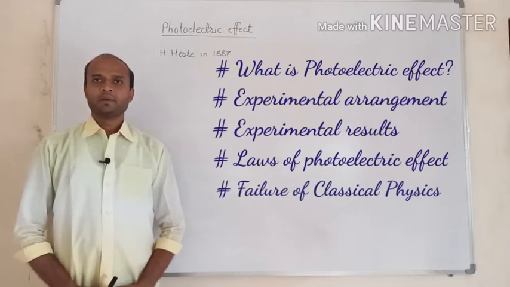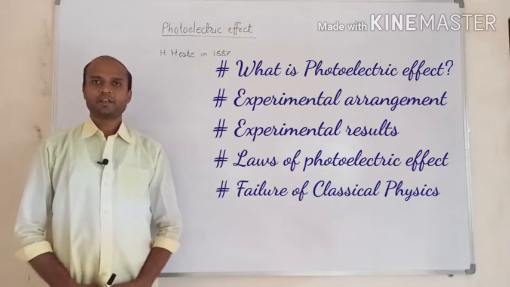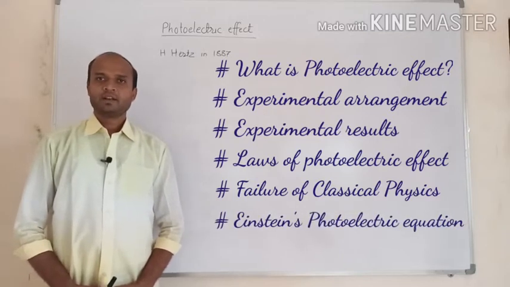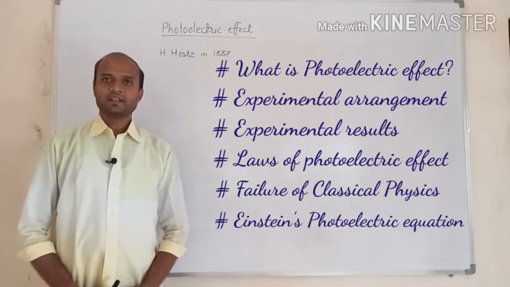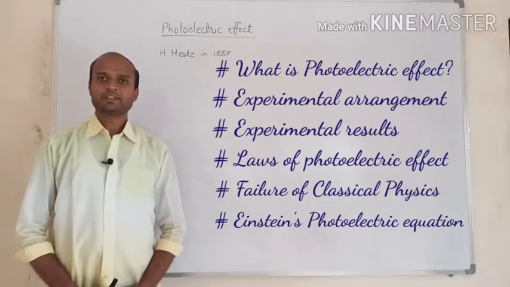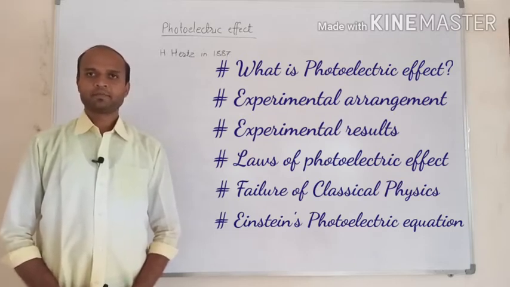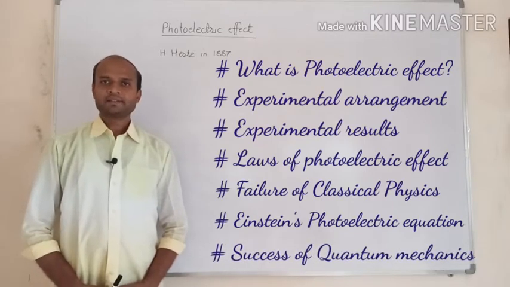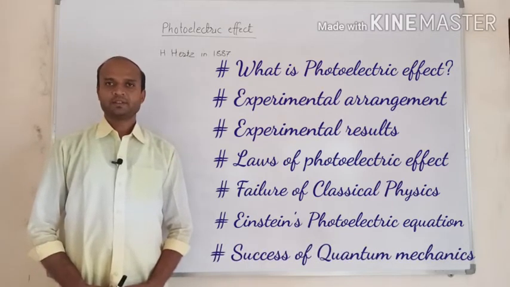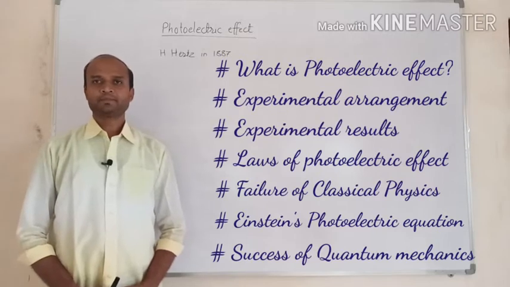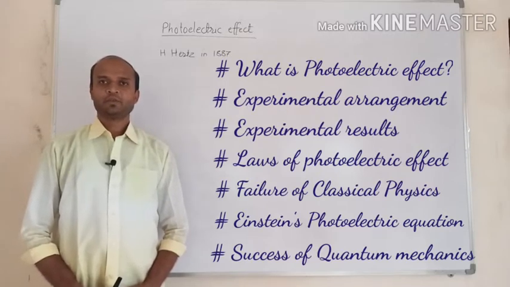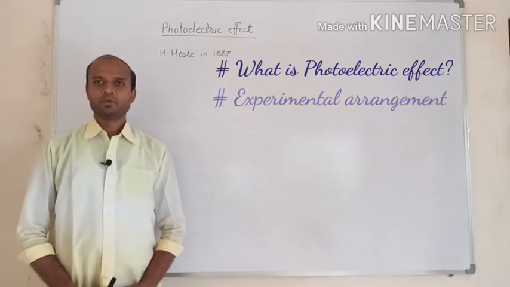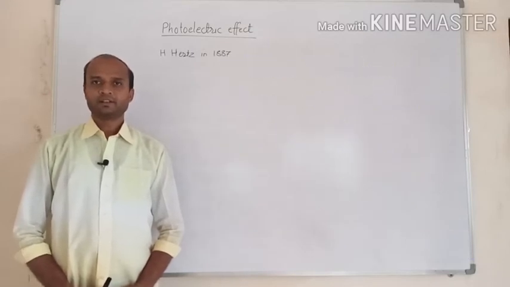Then, the failure of classical physics to explain the photoelectric effect. Later on, Einstein's explanation of the photoelectric effect. And finally, how Einstein's photoelectric equation, by using quantum theory, successfully explains the photoelectric effect. All these points we have to study under this lecture.